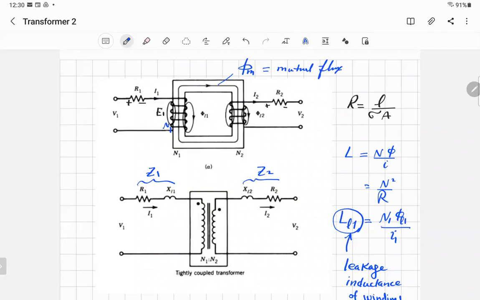So the mutual flux phi m is changing with time. And since it's going to intersect the core of the transformer, there will be eddy currents. If you remember, eddy currents are produced because there is changing flux and there is a conductor, so there will be an EMF, and since it's closed, there will be current. That's a loss. How do I represent it in our transformer model?